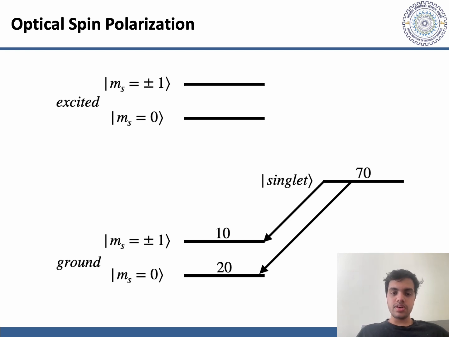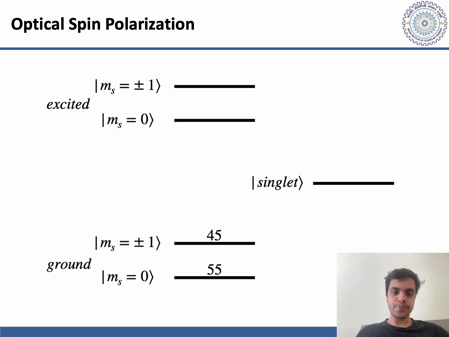This is because there is an asymmetry in these transitions, and the rest of them go to the ground state over here. So because 40 of the MS equals plus minus 1 states came to the singlet one, only 10 of them would come to the ground triplet state, and 20 of them would come to the ground triplet state of MS equals 0.